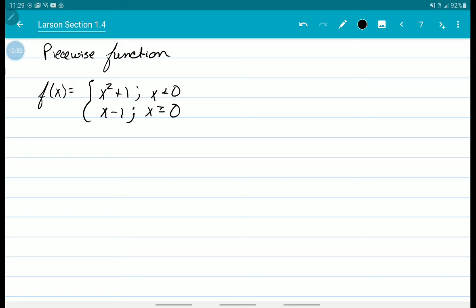And then we have x minus 1, where x is greater than or equal to 0. So when we talk about a piecewise function, notice this function here has two different pieces. We have that piece. Now this piece only works for x values that are less than 0. If we have an x value that's bigger than 0, we can't use that top piece. We would have to use that bottom piece.